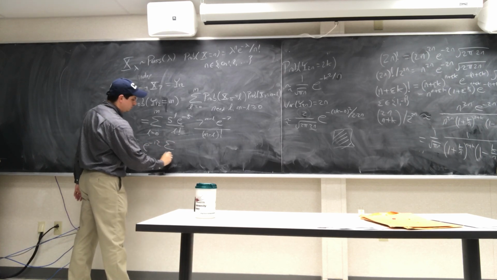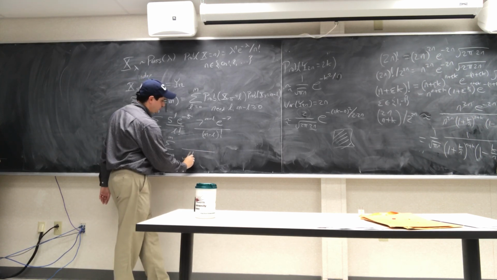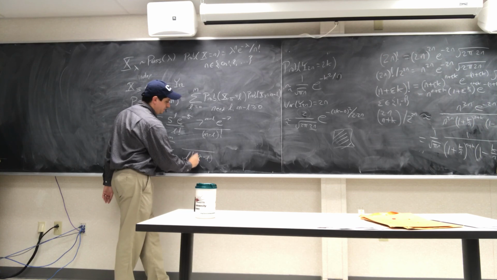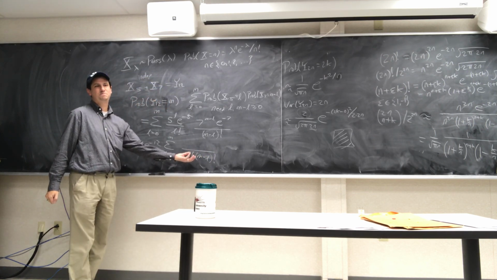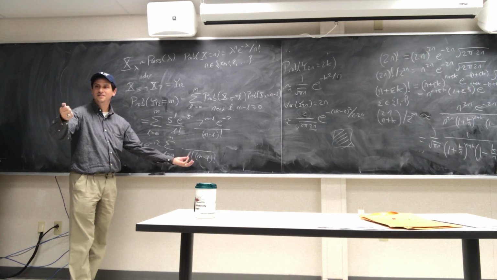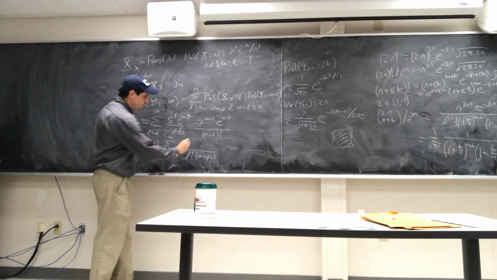The sum, L goes from 0 to m. We have an L factorial and an m minus L factorial. What does that want? It's begging you for it. An m factorial.